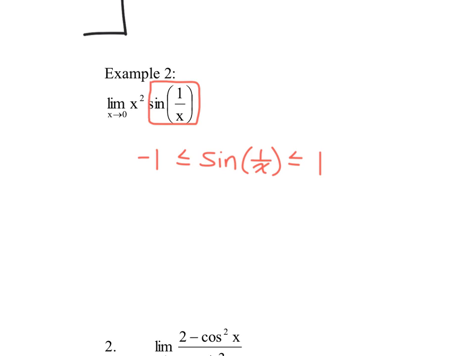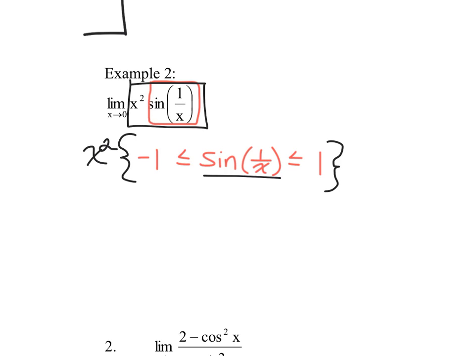All right, so if I want the middle expression to be the given, so I want this whole shebang, I want to multiply the whole thing by x squared.